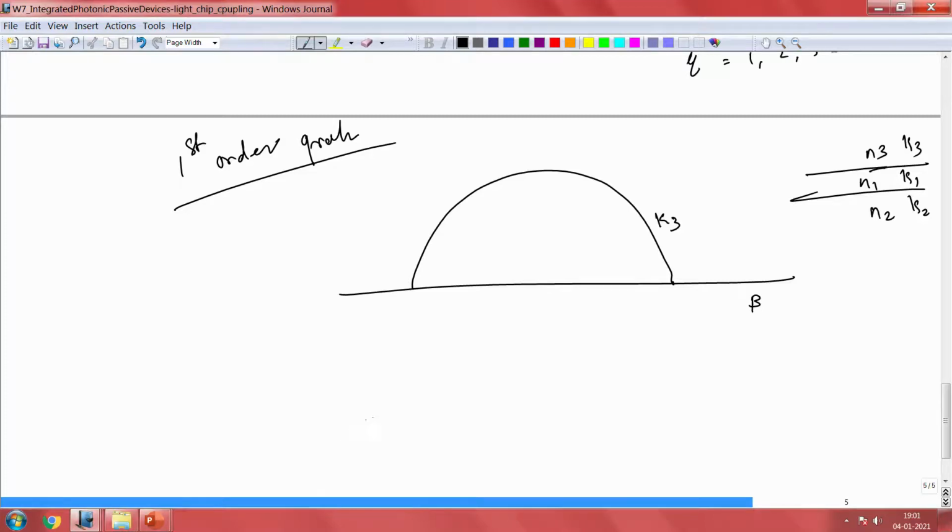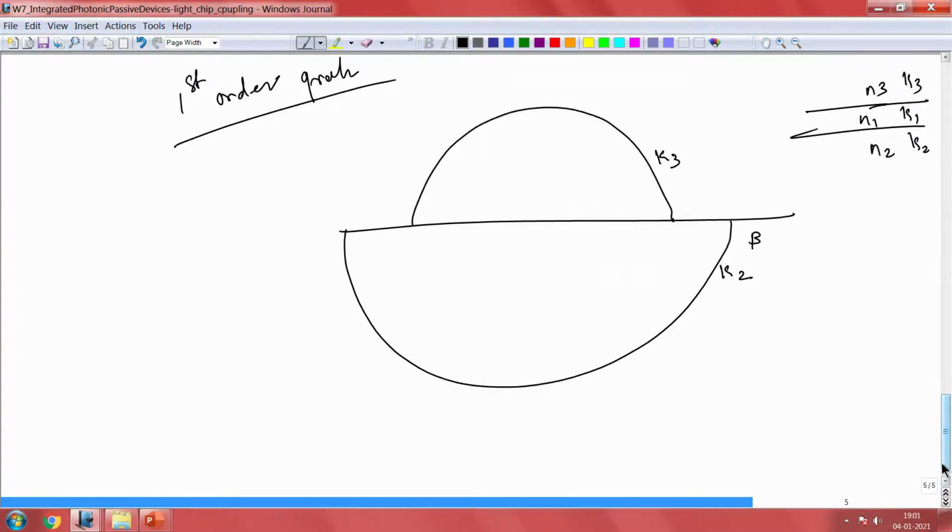So this is k3, and your substrate will be much bigger, so this is k2. Now we need to look at how to incorporate our K, that is our grating. K is our grating propagation constant, so K should be represented here. We represent K, which is periodic in nature here.